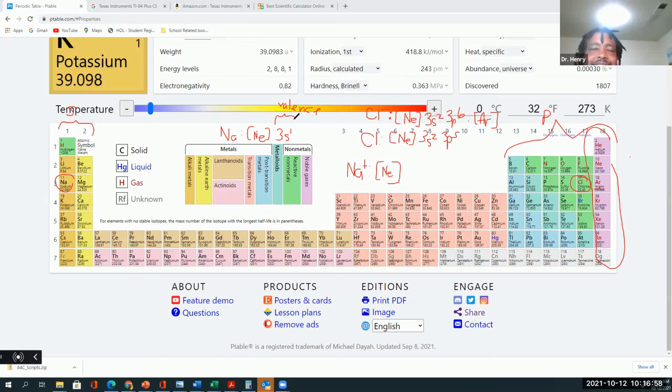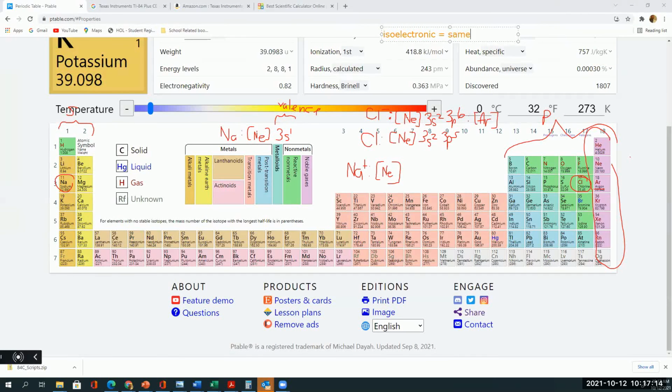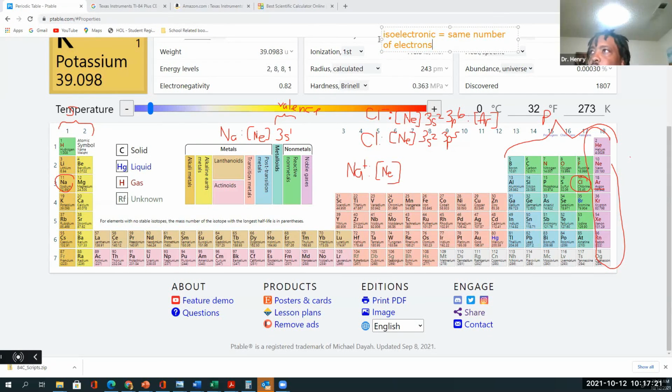Now, the fact that it has the exact same number of electrons is called isoelectronic. So we would say the chlorine ion is isoelectronic to argon, meaning that it has the same number of electrons as argon.